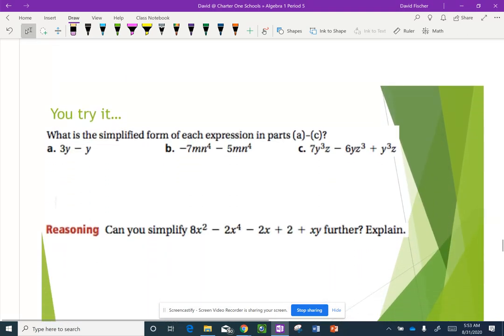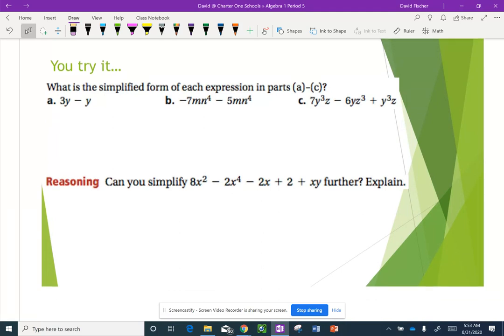Alright, let's see what we got down here. It says, what is the simplified form of each expression in parts A through C? So meaning, put these guys together, all 3 of these problems. So here I have 3y's, and here again I have a 1 minus 1. So I can put y's with y's. Let's look at this guy carefully.